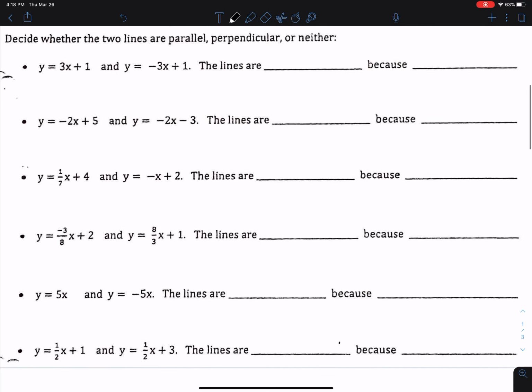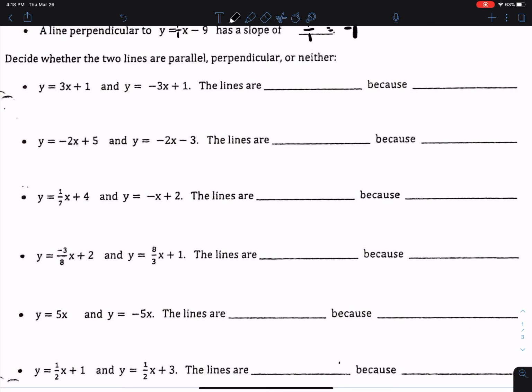Now we're going to look at these examples and say if they're parallel, perpendicular, or neither by looking at their slopes. Here we have 3 and negative 3. These lines would be neither because they aren't the same or negative reciprocals of each other.